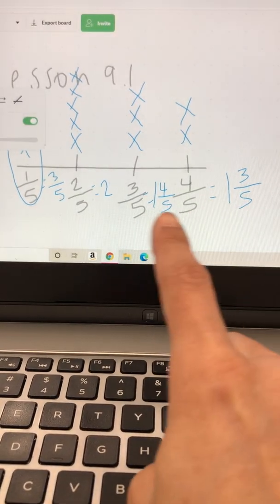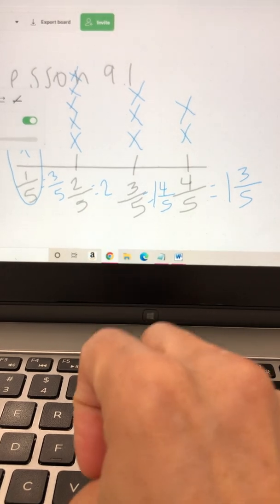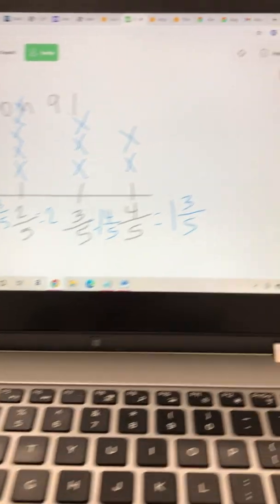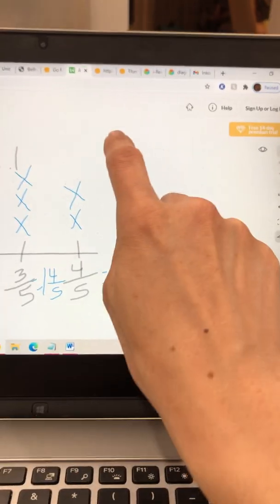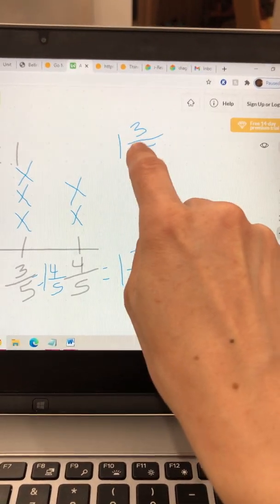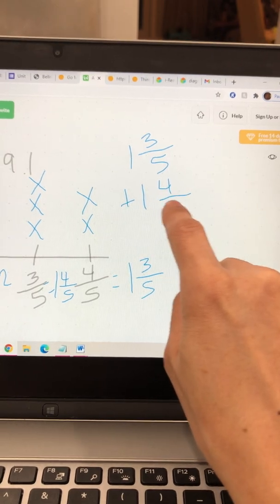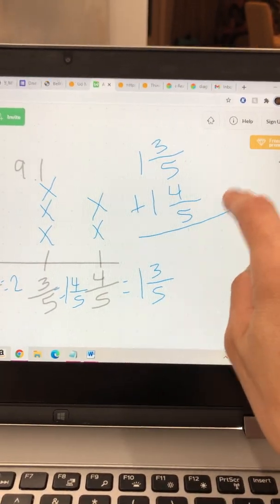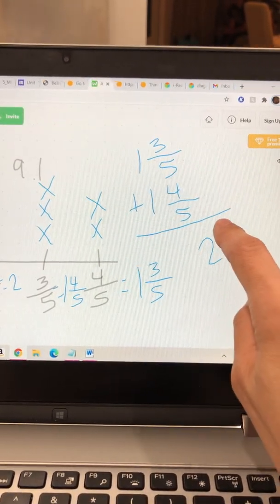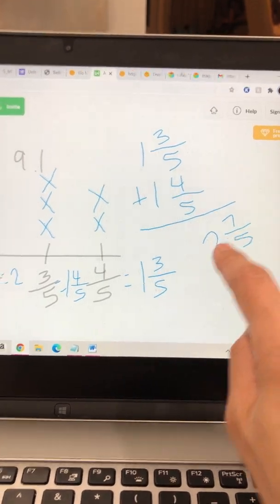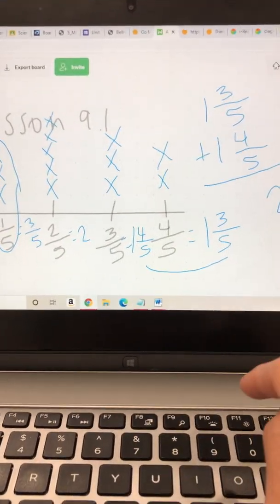So we're going to add those 3 first, and then we'll add the whole number last. Okay, so 1 3/5 plus 1 4/5 is going to equal 2 7/5. So we're adding these 2 first, okay?